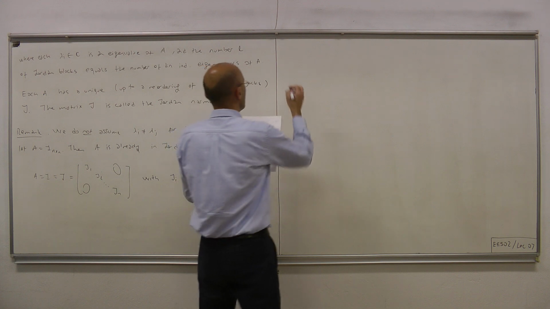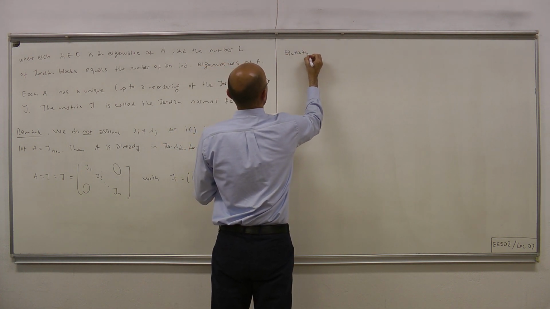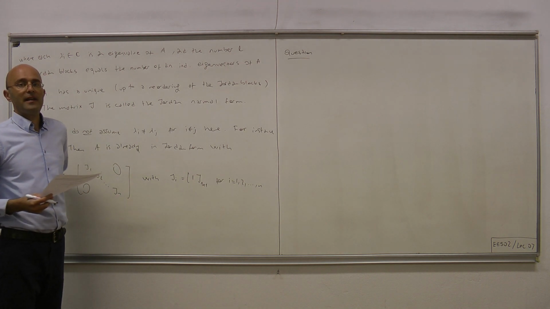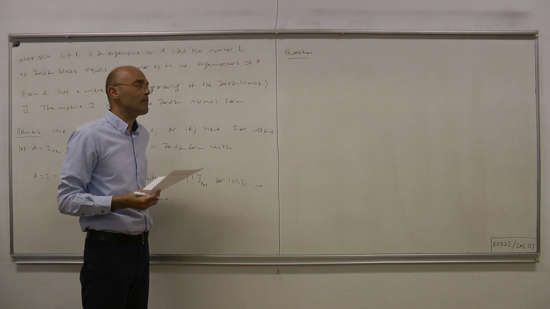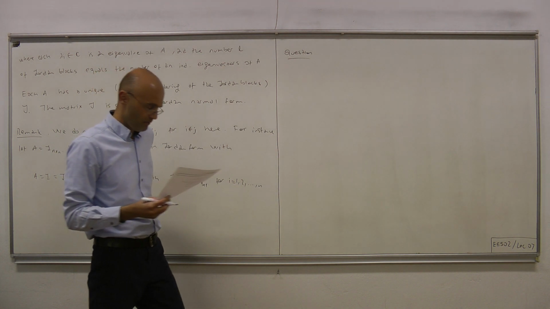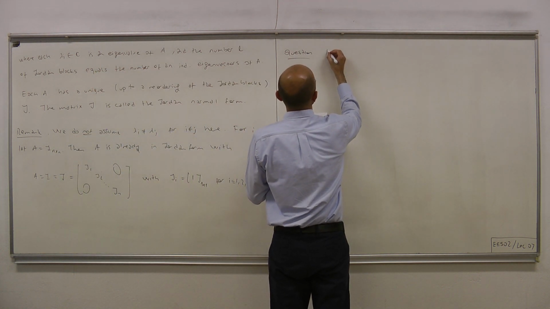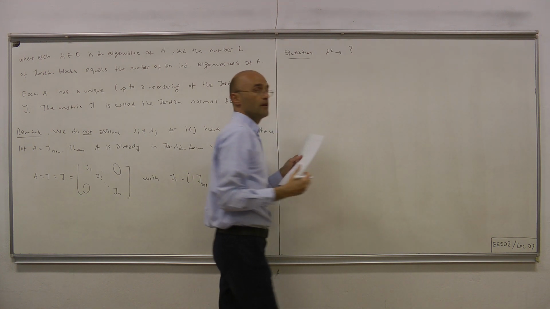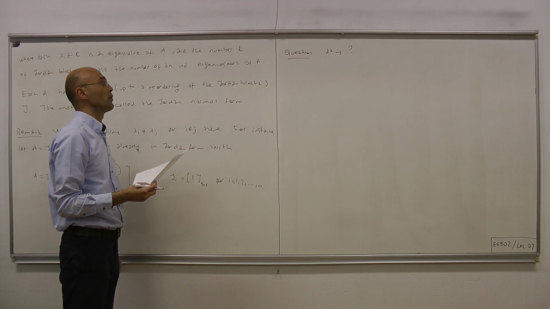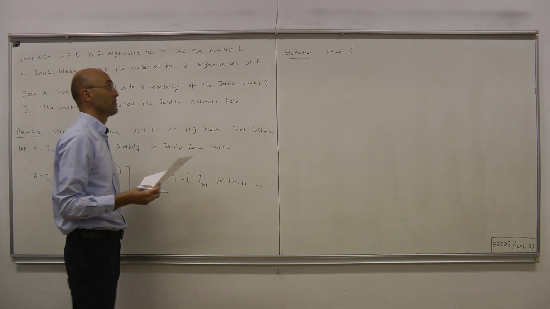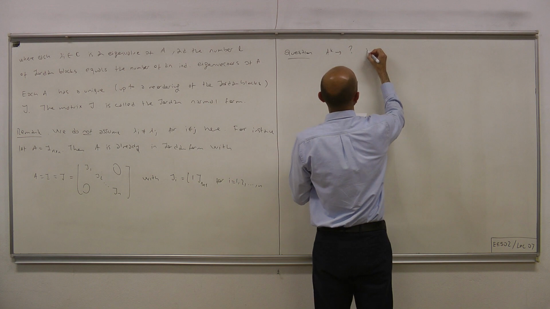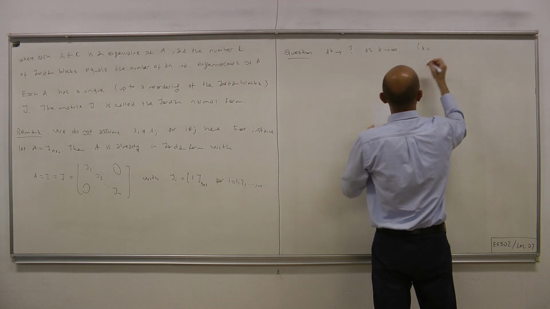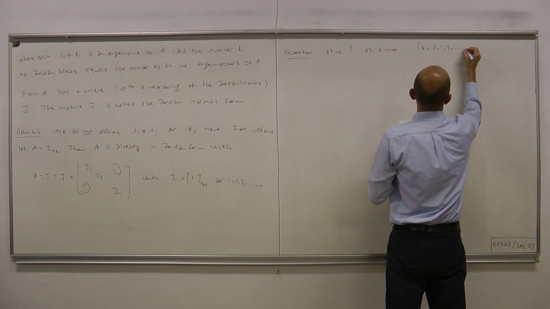What happens to A to the k, the powers of A, as k goes to infinity, where k is discrete time, 0, 1, 2, and so on?